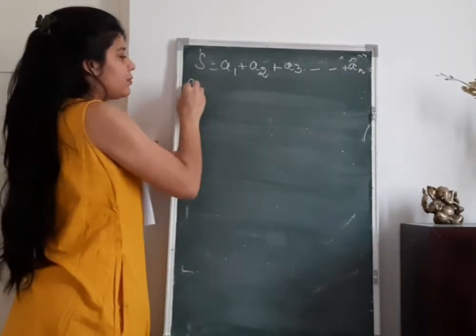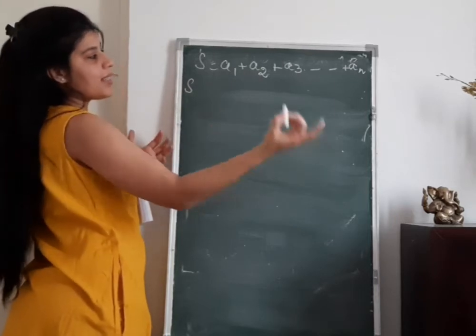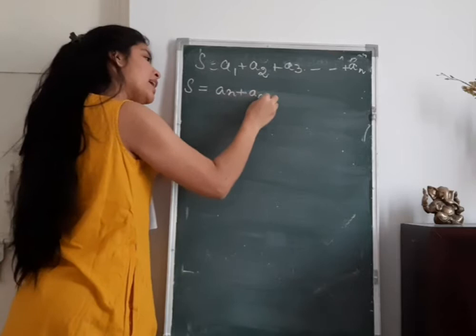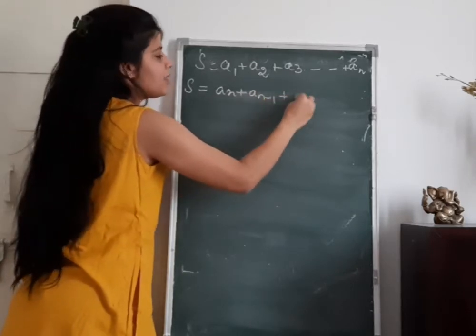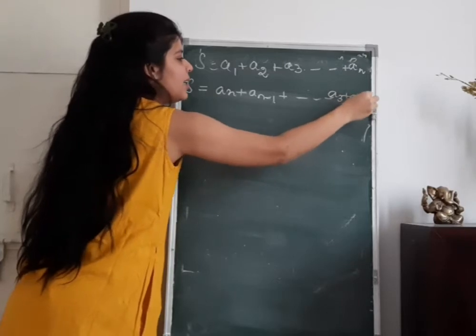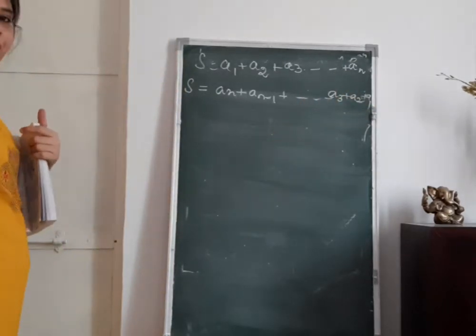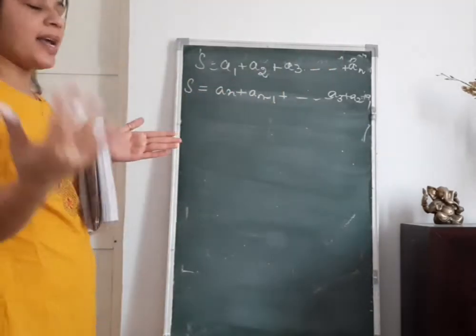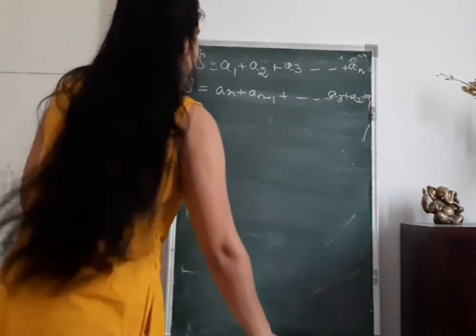And if I write this again in reverse order, then it will be An plus An minus 1 plus so on, A3 plus A2 plus A1. Okay, let me write both of these in their expanded version.